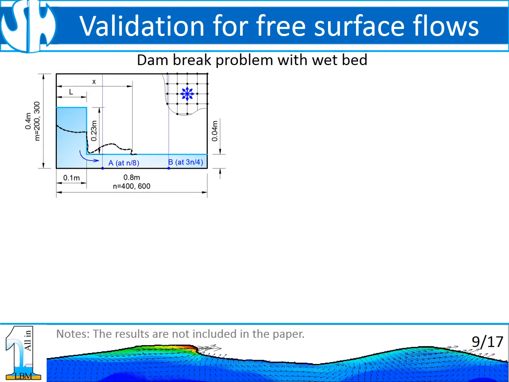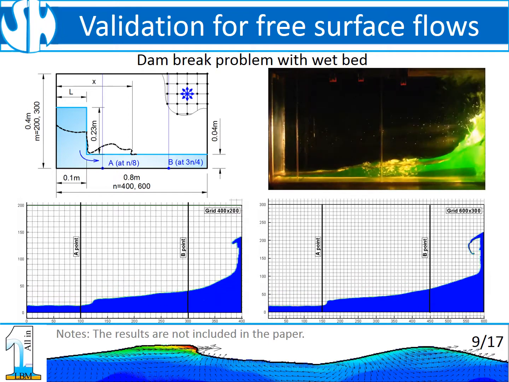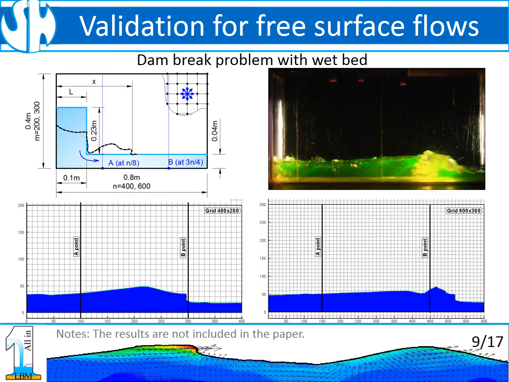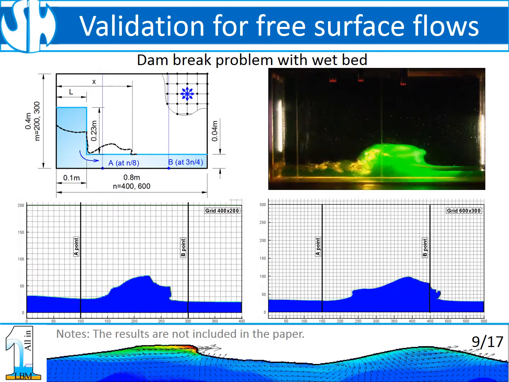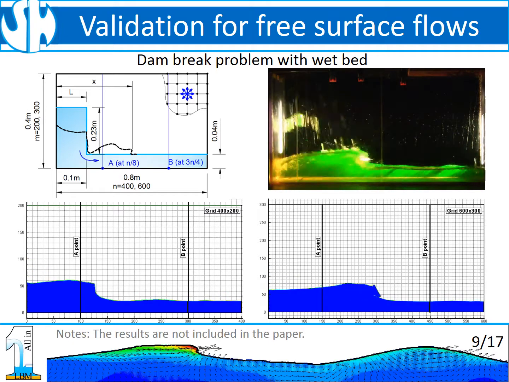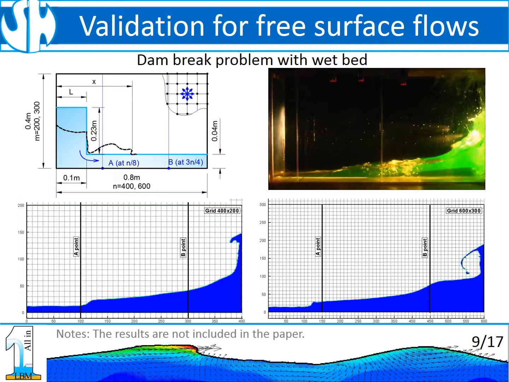I would like to show a validation for a free surface flow. We conducted a dam break experiment and lattice Boltzmann simulations. To check grid independency, we considered two resolutions of the lattice Boltzmann method, and those are the animations in comparison.